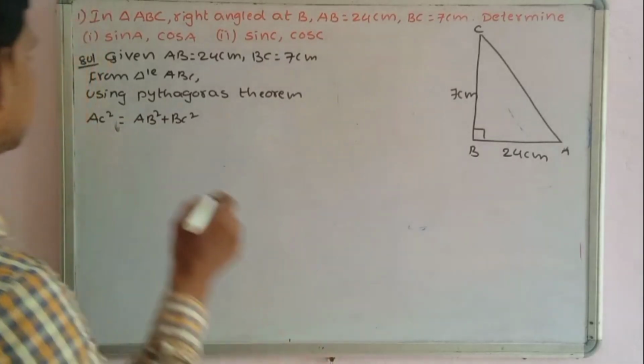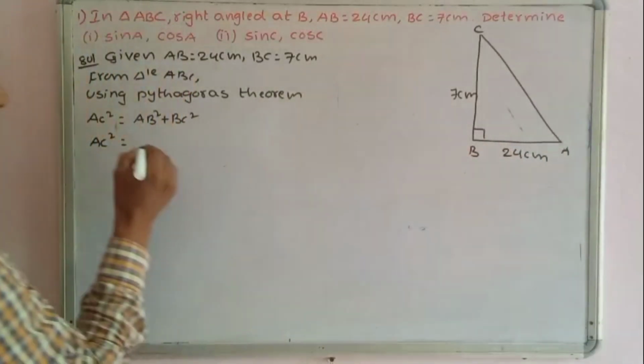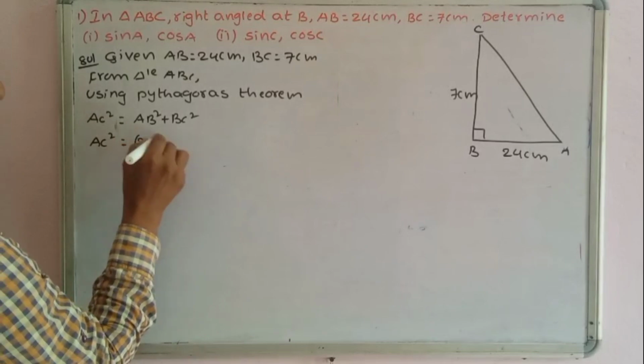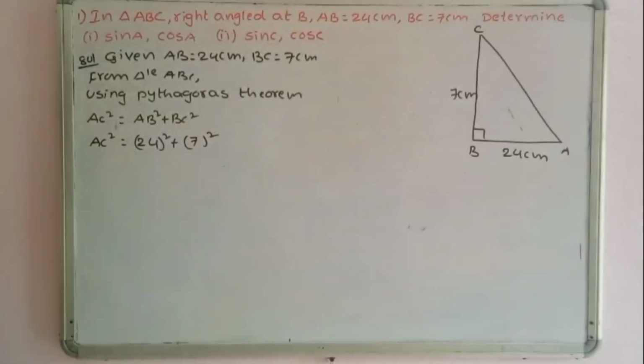We don't know the value of AC. AC square equals AB value 24 square plus BC value 7 square.